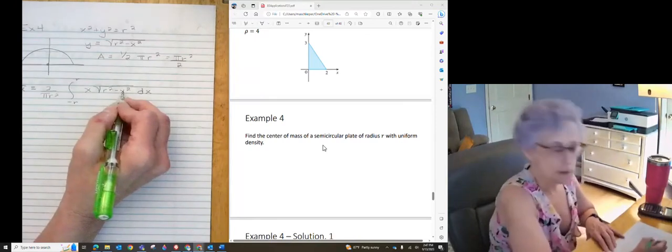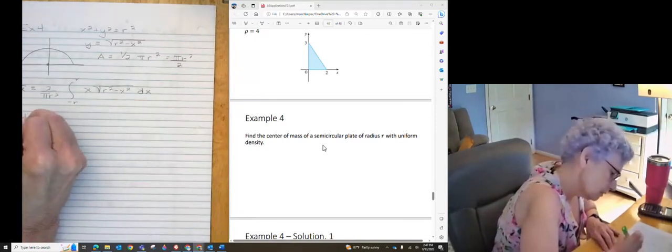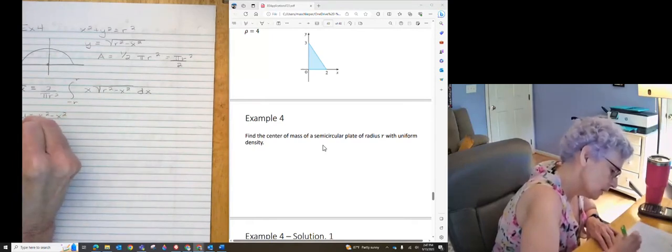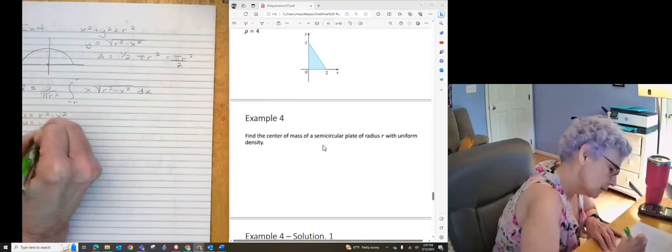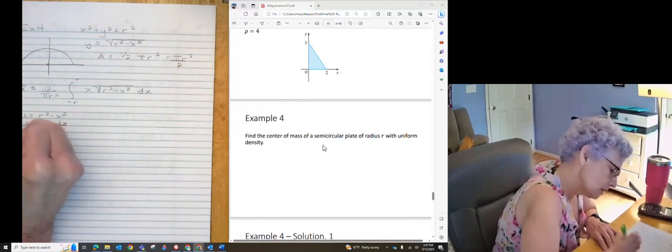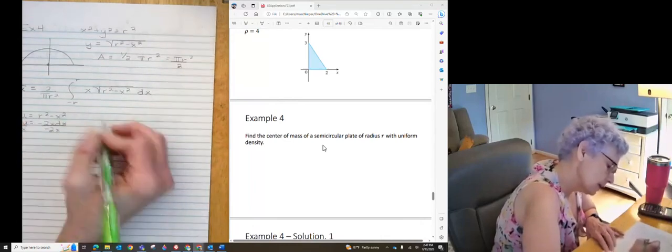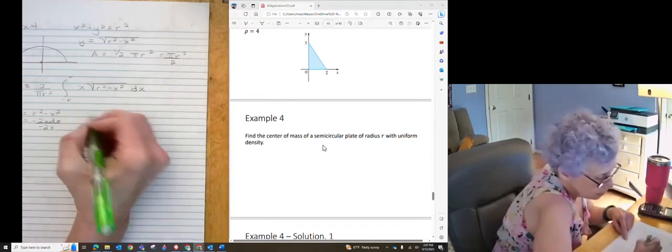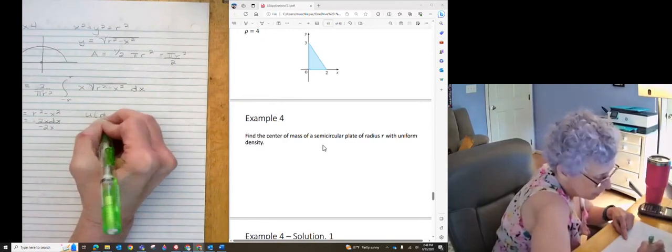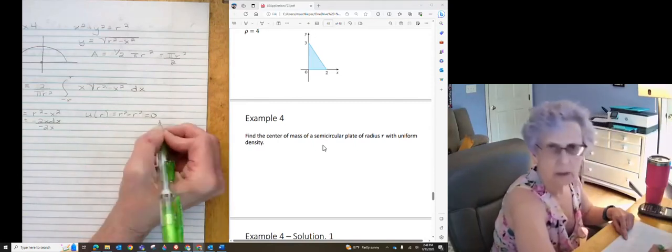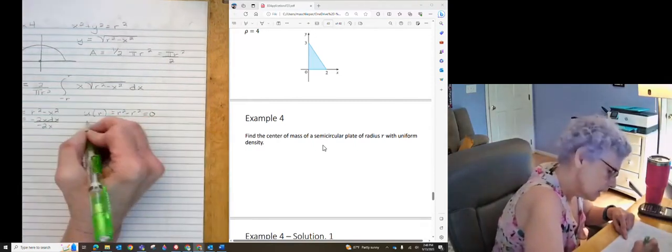Well, I can do u substitution. U is equal to r squared minus x squared. Du is negative 2x dx. And then if I plug in u of r, I get r squared minus r squared, which is 0.